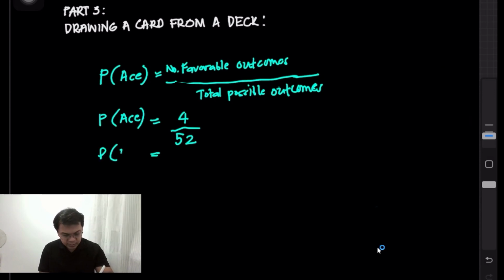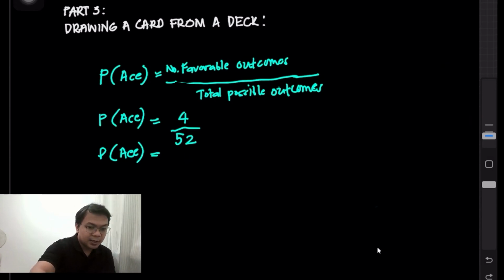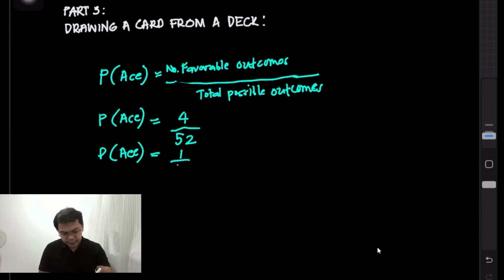So let's actually solve it. 4 over 52. If we can still reduce it, if we divide by 4, we can reduce it to 1 over 13.